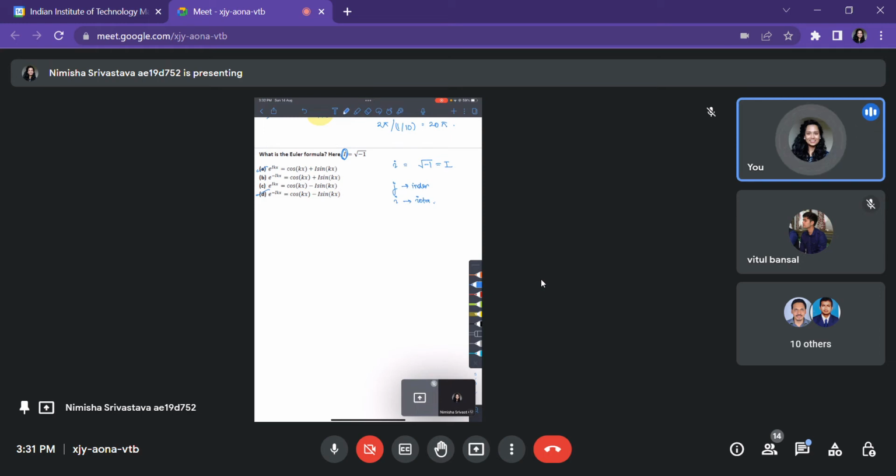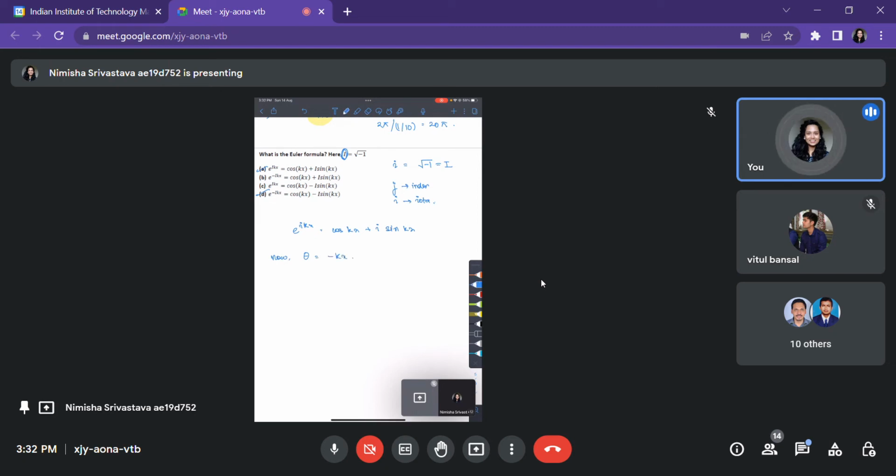Anyway, what is the Euler formula over here? We have e raised to the power iota kx equals cos kx plus iota sine kx. Now let's look at option D, which Akshat said. In option D, my theta is minus kx.